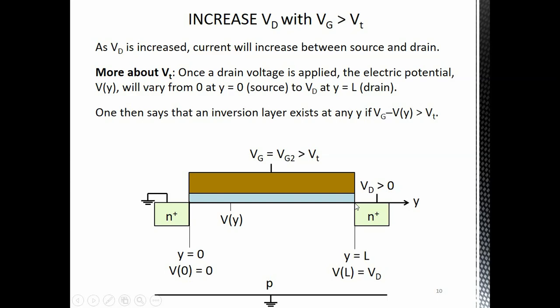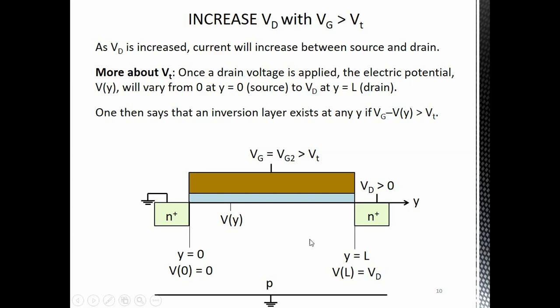And that electrostatic potential variation from the source to the drain is often called Vy, where y is the axis along the channel, and x typically is defined as going deeper into the body from the surface. I have not shown x here because it is not of relevance to us.